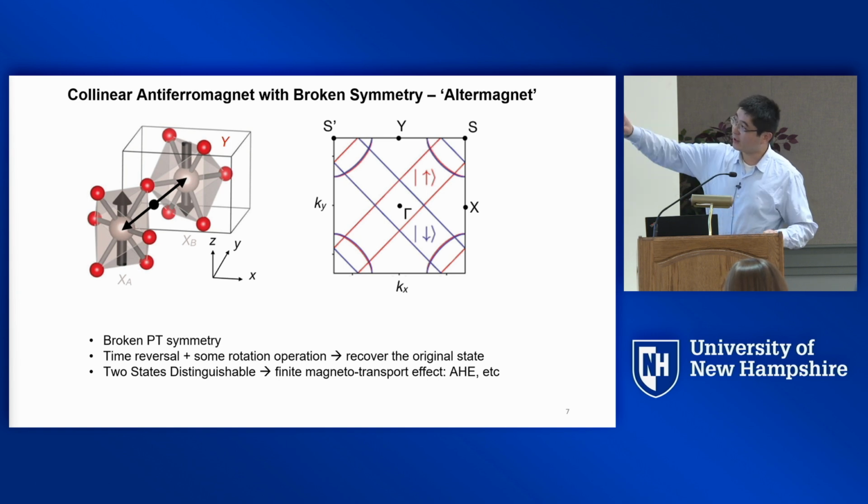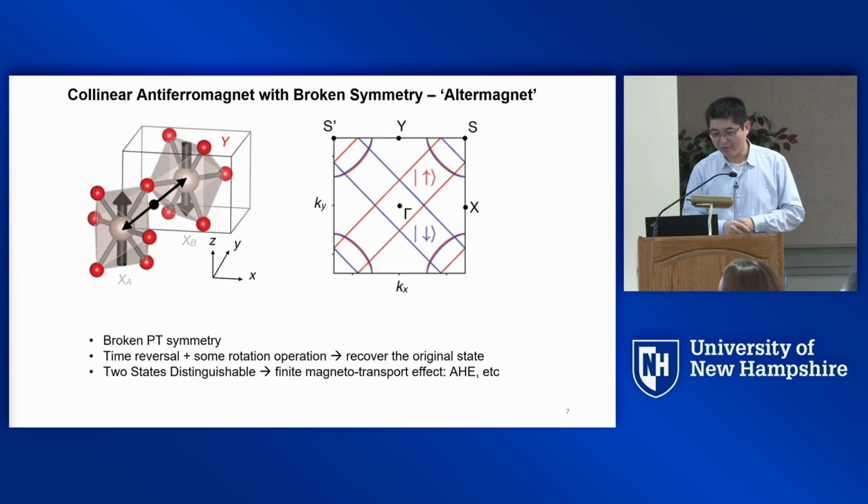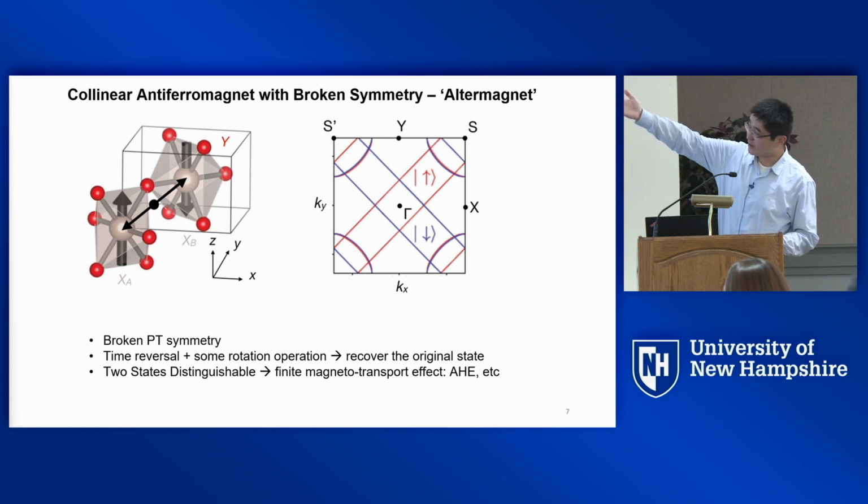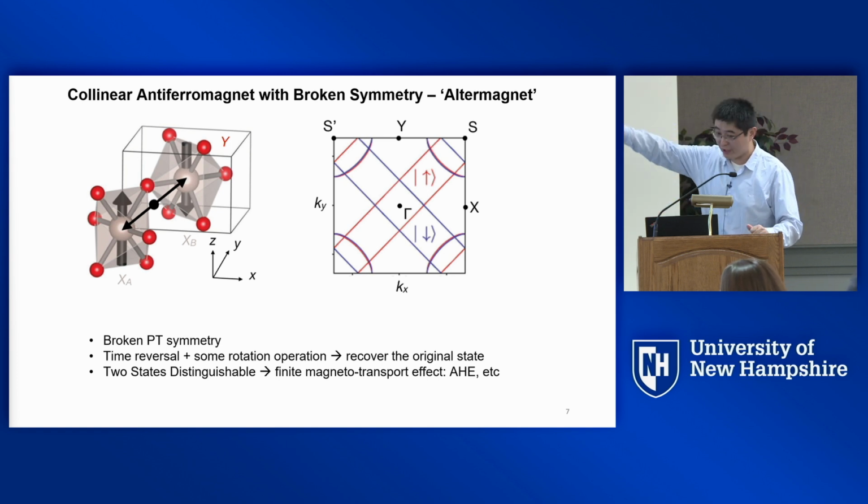For example, here you have two spin lattices, XA and XB, but the atomic environment that those two spin lattices see around them are different. Therefore, after you flip those spins together, you will not be able to recover it by simply translating the lattice. So that's how you get this spin split in the reciprocal space, or you lift the degeneracy.